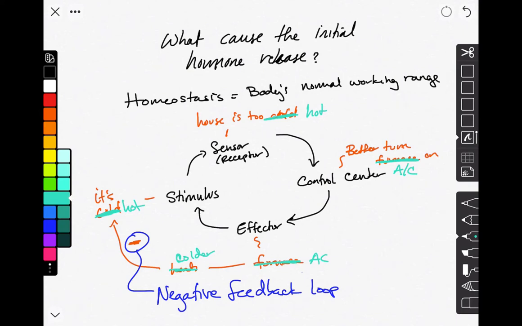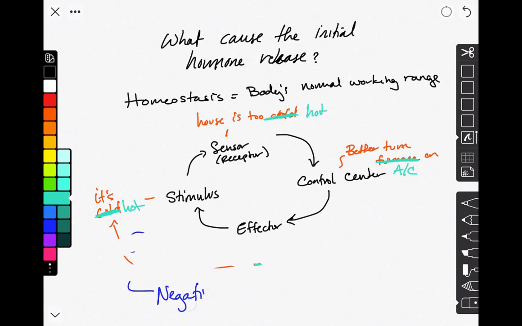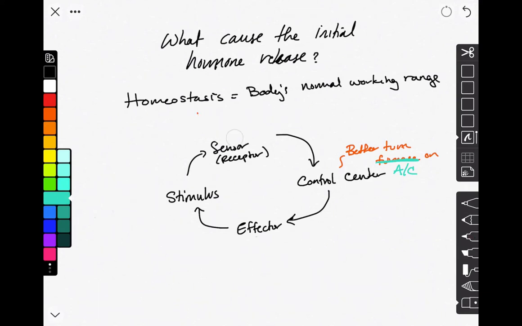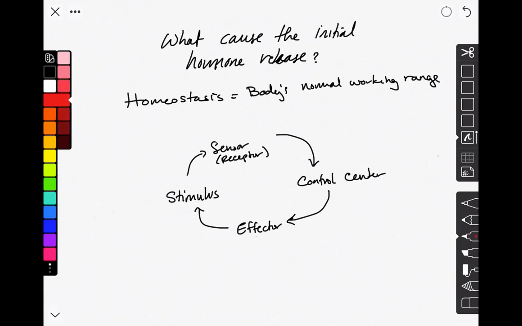Positive feedback would occur in a different scenario. In the case of positive feedback, I'm going to go back to the thermostat analogy. So the stimulus is heat. The sensor senses the house is too hot.